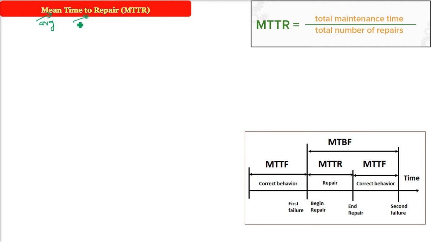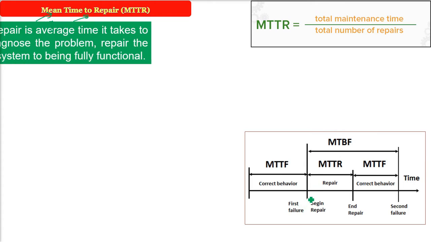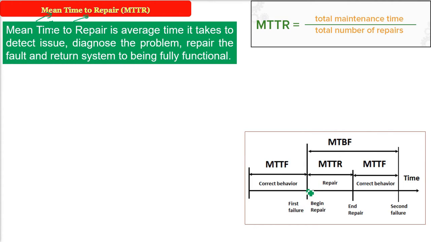So failure has happened, and we are talking about the time to get it repaired. There is a repair time, and that repair time, until it starts behaving correctly again, is the mean time to repair. Mean means we are going to take the average of various values, not one value but different values, add them, and then find the MTTR.